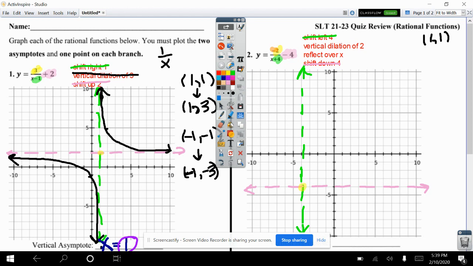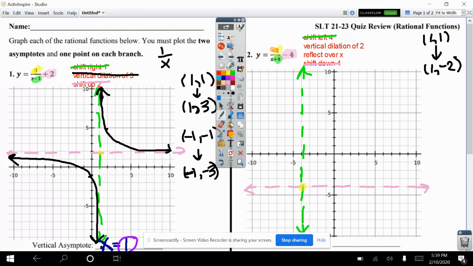So if 1, 1 is my first point, my dilation of 2 tells me to multiply the y value by 2. My reflection over x tells me to change the sign of the y value. So I'm just going to do it all in one go. When I multiply my y value by 2, I get 2. And then I also need to change the sign, so I'm going to end up with 1, -2. So we did two things.